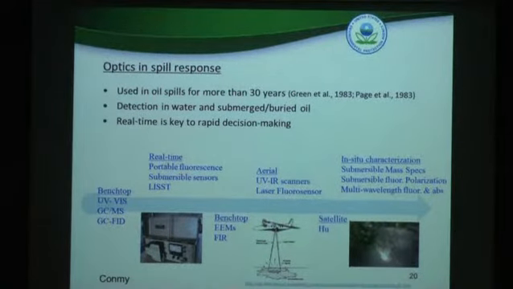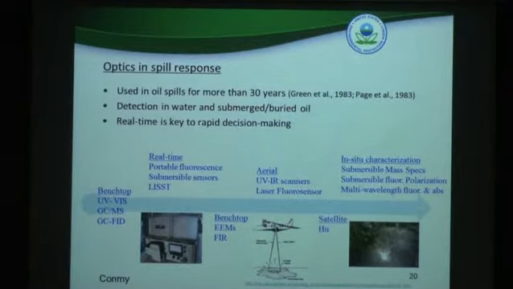So lately we've been working with the oil spill response as well. This is a slide that Robin put together for one of our earlier presentations at an optics meeting. Fluorescence has been used in oil spills for more than 30 years. The Coast Guard has for a long time just been running fluorometer from their aircraft, doing aircraft surveys, and because it's so sensitive, they can get a quick idea if there's some kind of oil spill in their area.